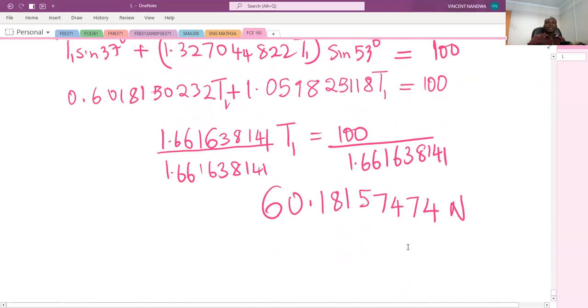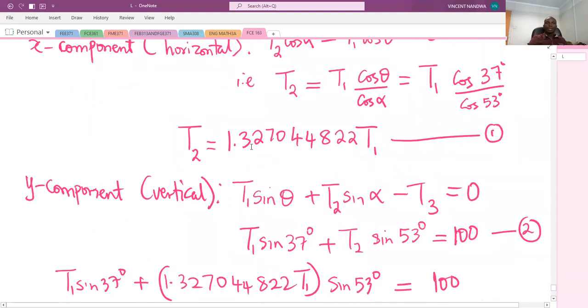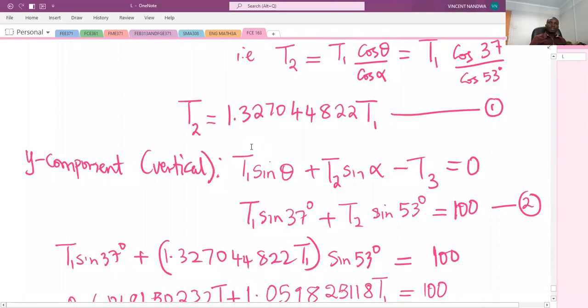Now to get T2, from equation 1, it is 1.327 times T1.